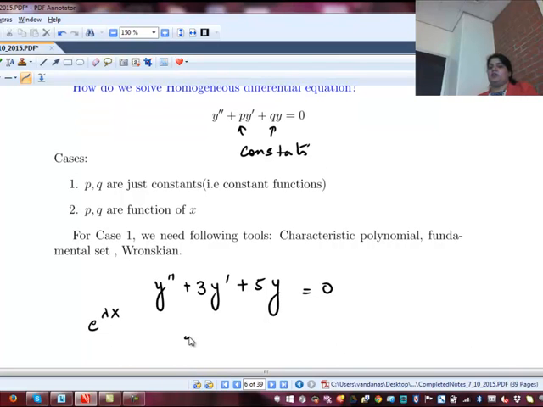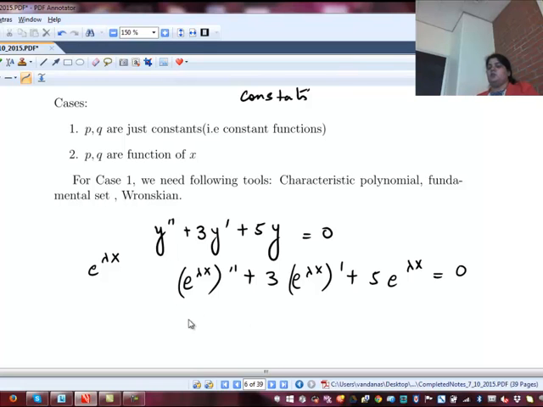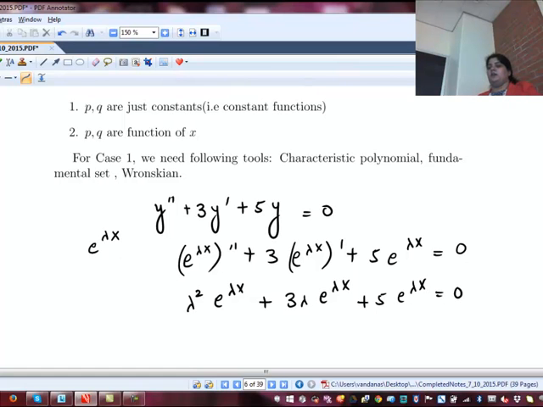So I'm doing the same thing here: (e to the power lambda x) double prime plus 3 times (e to the power lambda x) prime plus 5 times e to the power lambda x equals 0. So I can now take e to the power lambda x out, and I am left with lambda squared plus 3 lambda plus 5 equals 0.